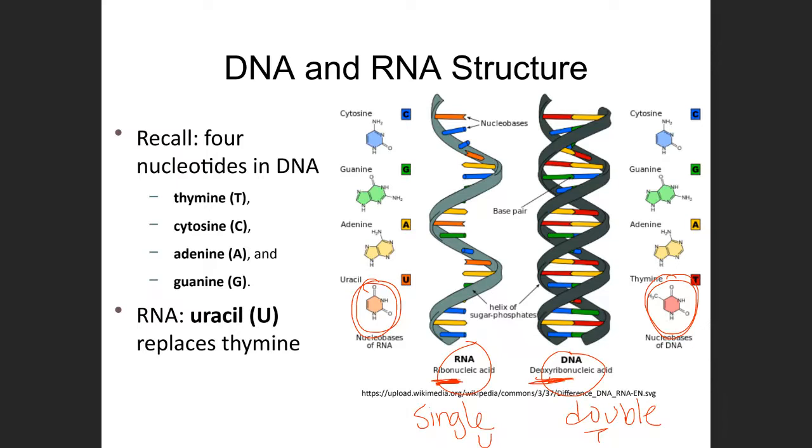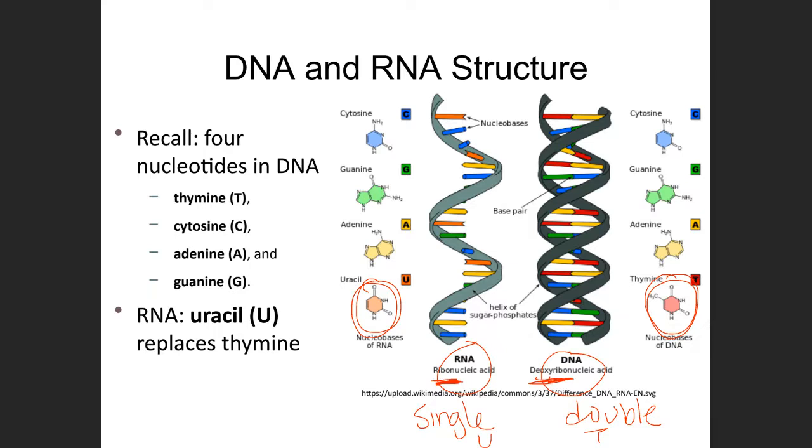And there are different types of RNA. The one that we're talking about right now is messenger RNA, and that's probably the one you guys are most familiar with because that's what the vaccines have been made out of, the Pfizer and the Moderna COVID vaccines. And when we finish talking about messenger RNA and transcription and translation, you will then understand how these vaccines work and why they're so effective.